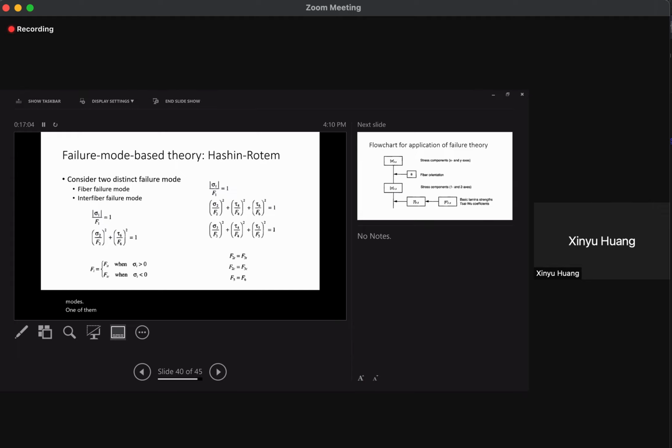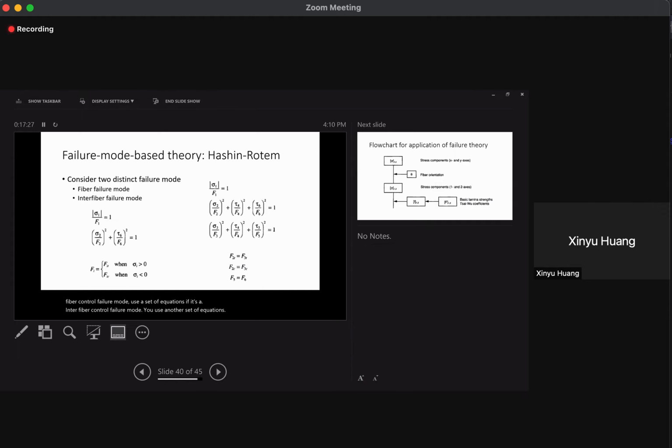One of them is called the fiber control failure mode. The other is the inter-fiber failure mode, or matrix controlled failure mode. It differentiates: if it's a fiber control failure mode, you use a set of equations. If it's an inter-fiber control failure mode, you use another set of equations.